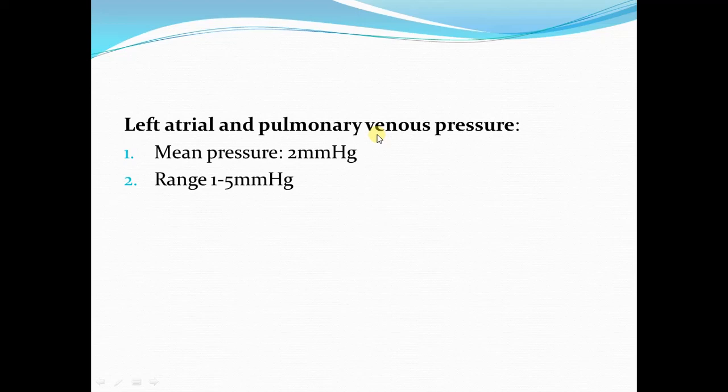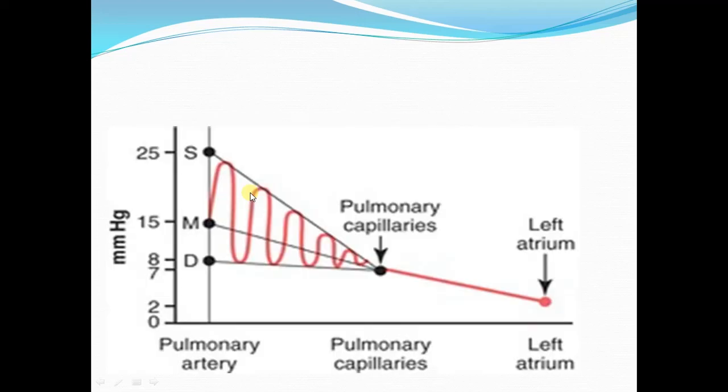However, it can range from 1 to 5 millimeter of mercury. Again, I am repeating that pressure in the left atrium and in the pulmonary veins, on an average, is 2 millimeter of mercury, while it can range from 1 to 5 millimeter of mercury. So we can see that the entire pulmonary circulatory system is a low pressure system.